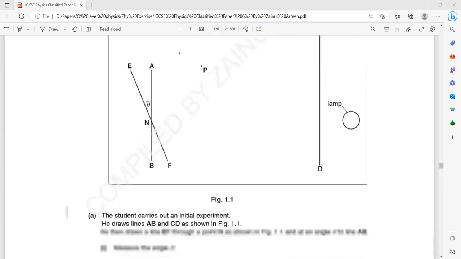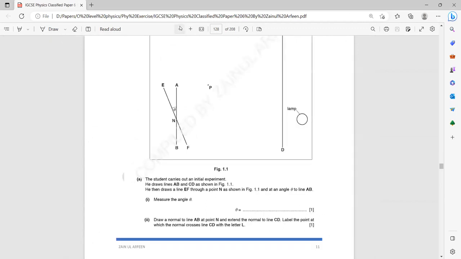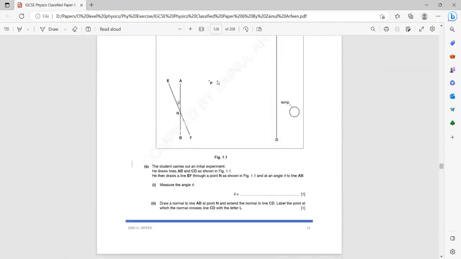So this one is line AB, and this is point N. We have to draw a normal to the line AB. A normal is always perpendicular, so if this is a line, we have to draw 90 degrees.